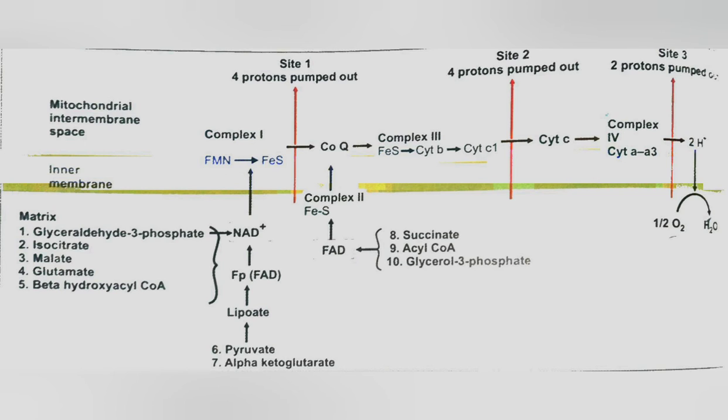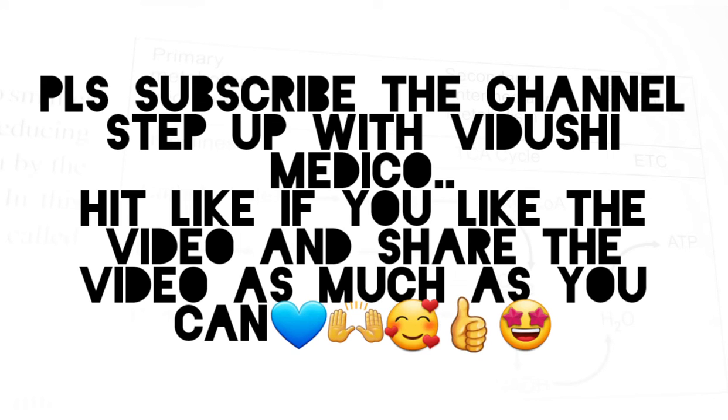Now these 4 protons have come from where? From complex 1. So this was all about electron transport chain complexes that I have talked about in this video, and about the explanation how the electrons are transferred from one complex to another. I will explain them in my next video.